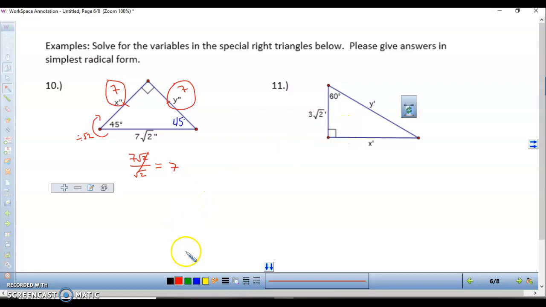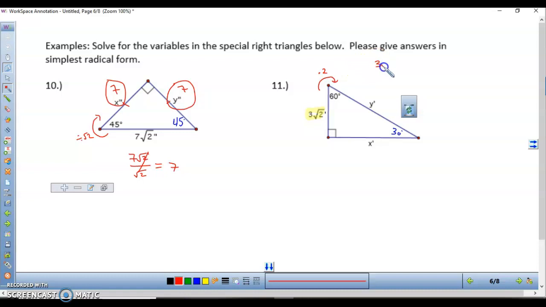All right. In the next example, example 11, if that's 60 and 90, that leaves 30 degrees here. So we have a 30, 60, 90 triangle. And in a 30, 60, 90 triangle, to go from the short leg, which is what is given to me, that's nice, that's the leg we want to have, you multiply by 2 to get the hypotenuse.